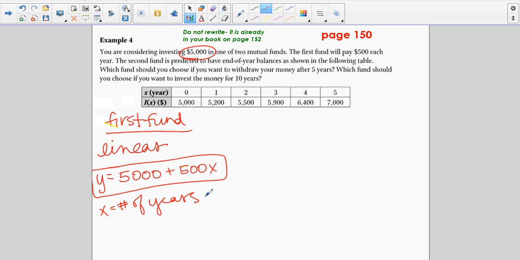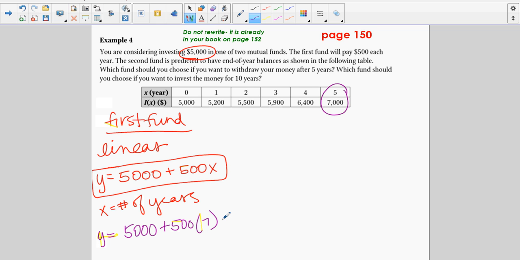So the second one is in the table. So I'm going to look. Here, the table does go up to 5 years. So the second fund after 5 years has $7,000 in it. So if we look, after 5 years, the first fund is going to have 5,000 plus 500 times 7.